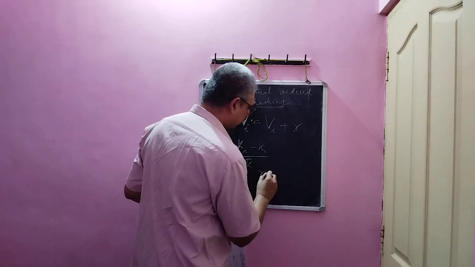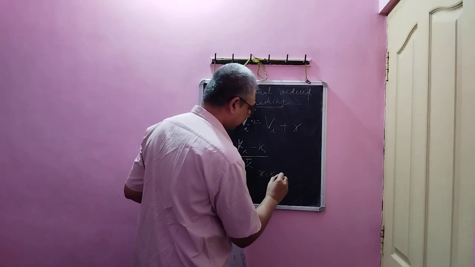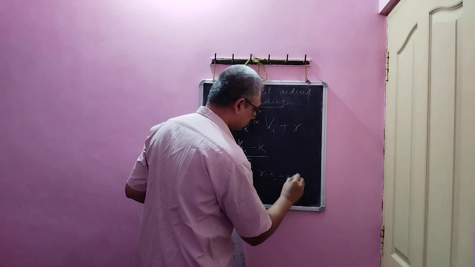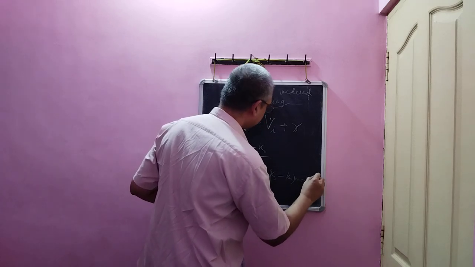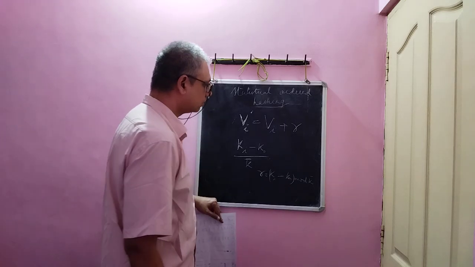Let R be equal to ki minus k0 mod k bar.